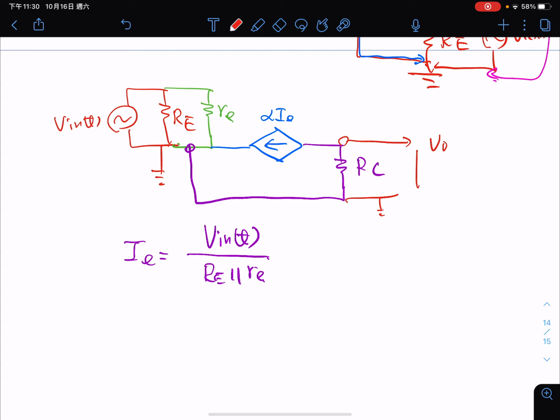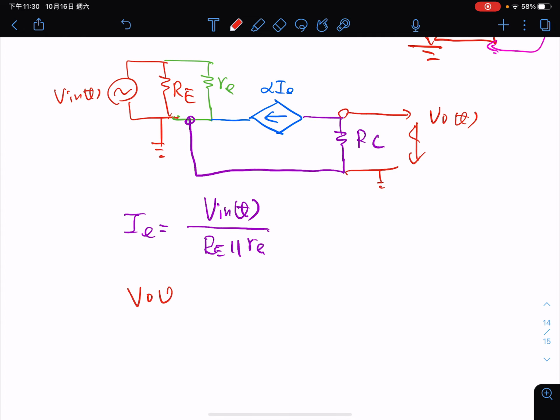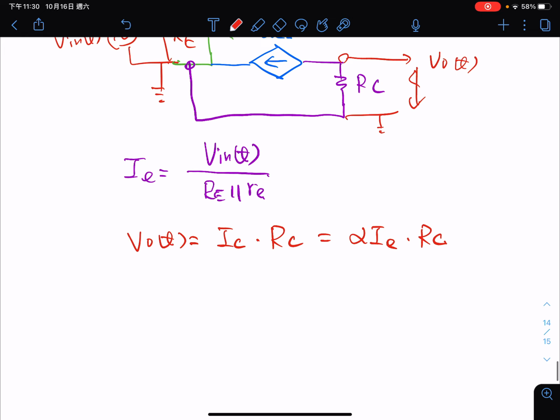Okay, so we have this output V out of t, but the output is equal to IC multiplied by the RC here. But what is IC? It is alpha IE. But what is IE?